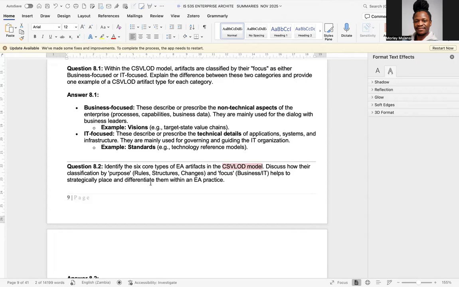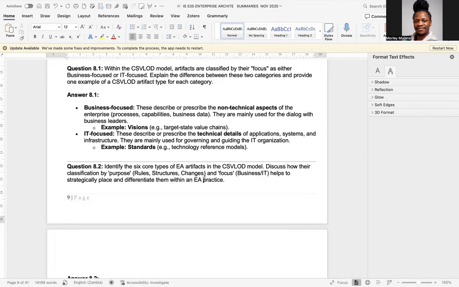So the 6 core artifact types for consideration: S is for standards, V is for visions, L is for landscape, O is for outlines, and D is for designs. There are classifications by purpose, rules, structures, changes, and focus in terms of business or IT, which is what gives them their strategic power.